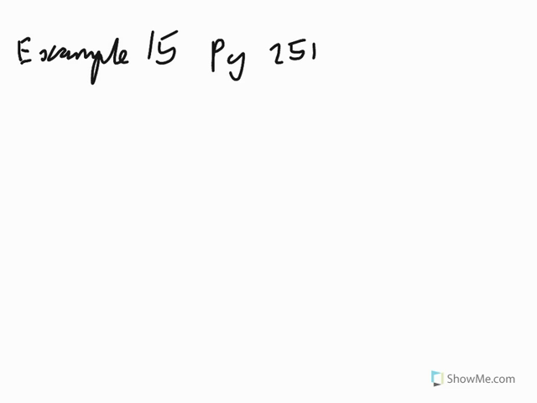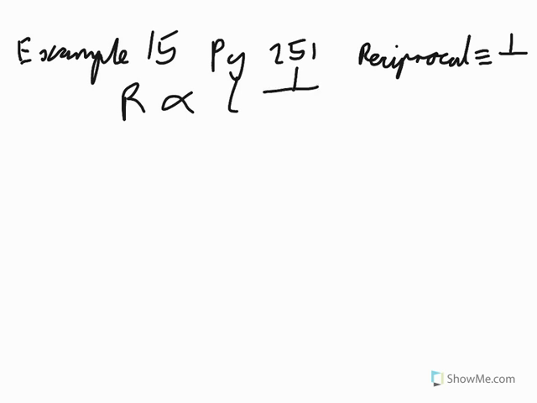So we're told here that the electrical resistance R varies jointly as its length and the reciprocal of, so reciprocal is equivalent to 1 over, and 1 over the square of its diameter, so d squared, so times there of course.